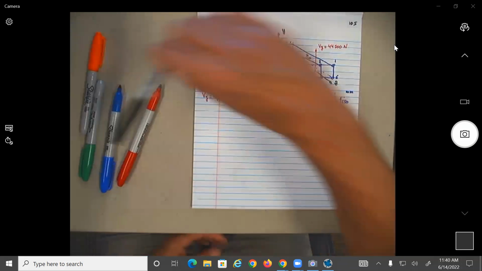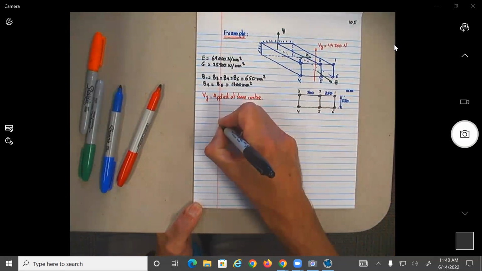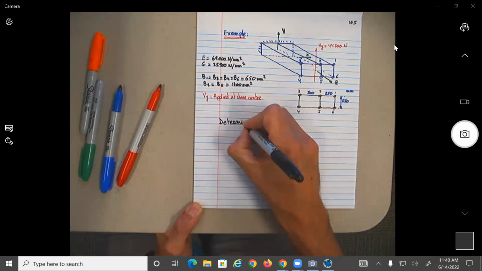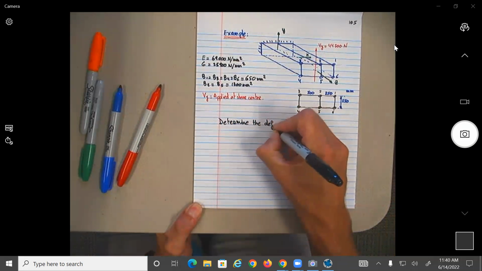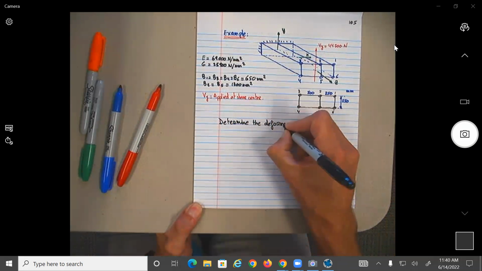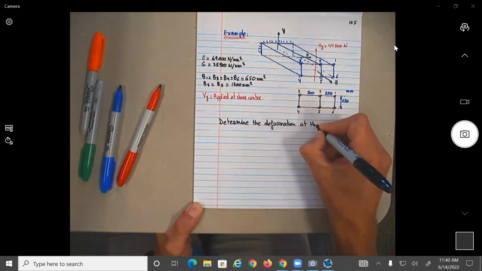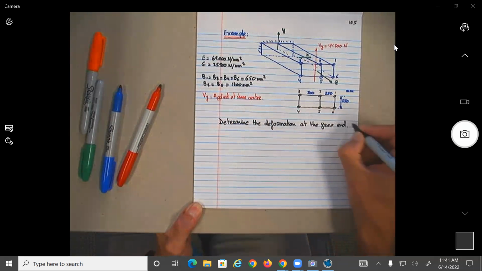Okay, so the question is to determine the deformation at the free end.